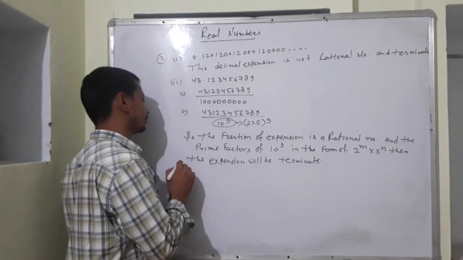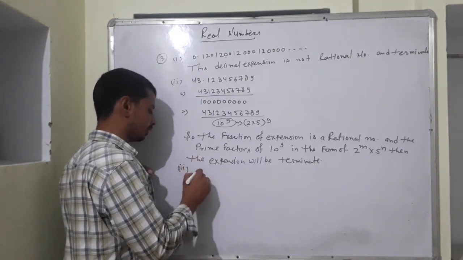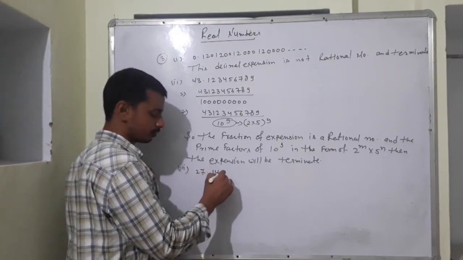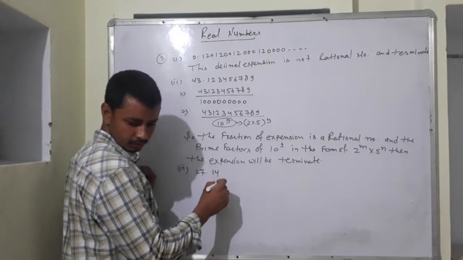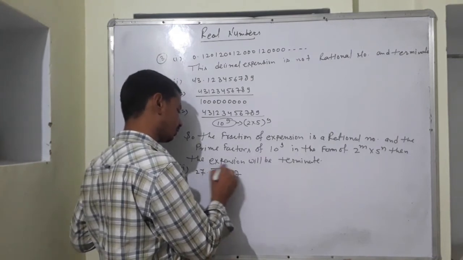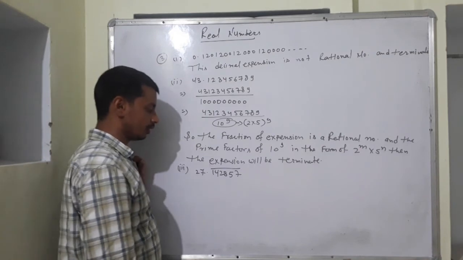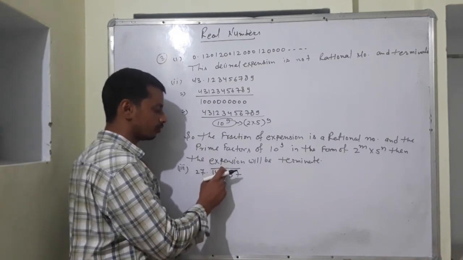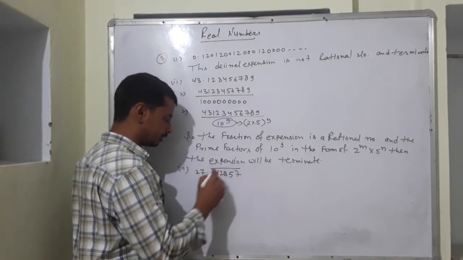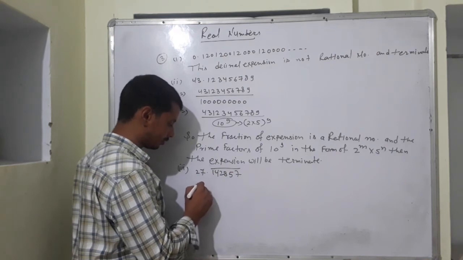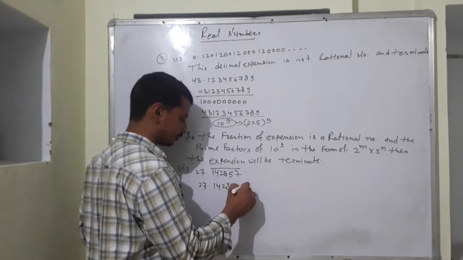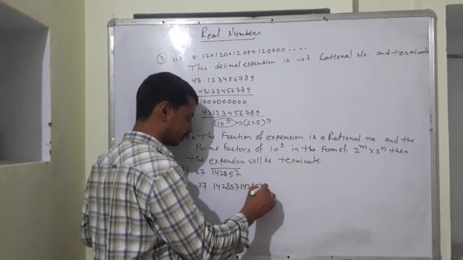Okay, and the last part of third question is 27.142857 with a bar. If we have a bar over any digits, then the digits repeat as 142857, 142857 and continuously.